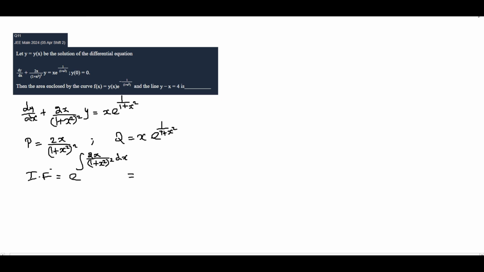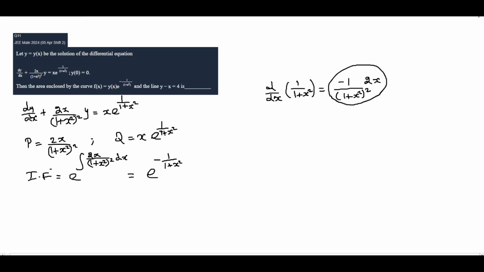which is nothing but e power minus 1 by 1 plus x square, because if you differentiate d by dx of 1 by 1 plus x square, you get minus 1 by (1 plus x square) whole square into the derivative of x square, which is 2x. Already 2 is there, so if you integrate we get the term 1 by 1 plus x square.